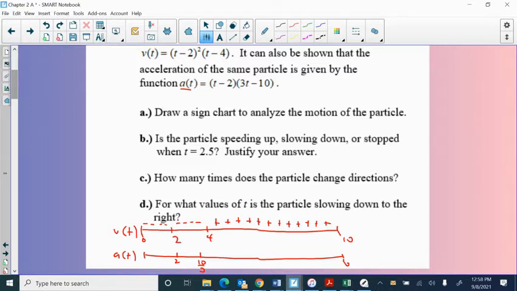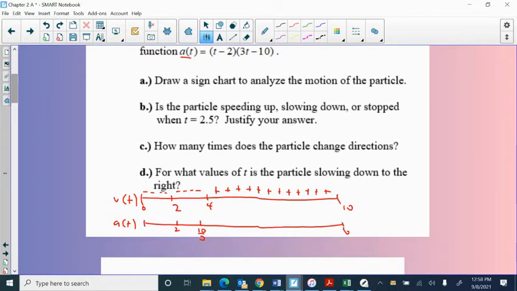Same thing we can do for acceleration. Pick a representative and find out when the acceleration is positive and when it is negative. Notice that using multiplicity, they're all odd factors, so these are just going to alternate. They'll always switch signs, which is nice. It's a positive function, and it's quadratic, so it's going to be positive, negative, positive.